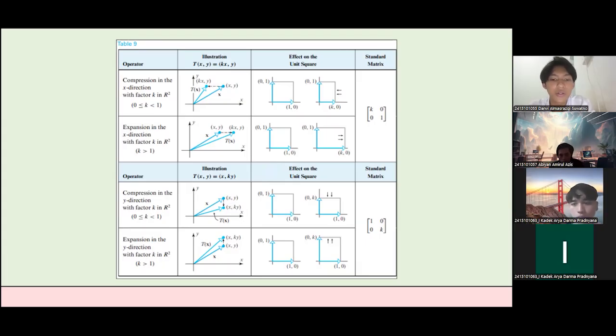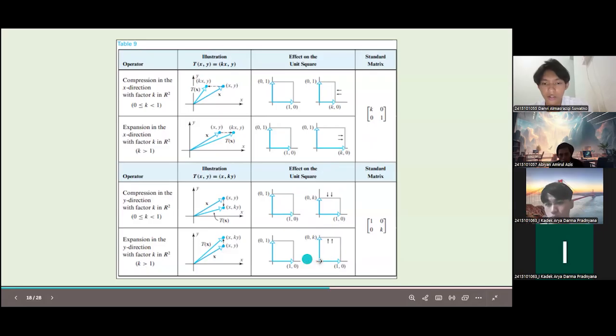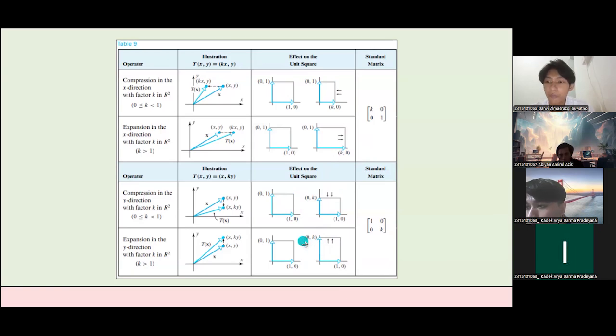When k is less than 1, the object becomes shorter vertically, as we can see in the effect on the unit square in the third row. When k is more than 1, the object becomes taller, as in the fourth row. Every point moves closer to or farther from the x-axis depending on k. So the transformation along the y direction has a standard matrix of 1, 0, 0, k.